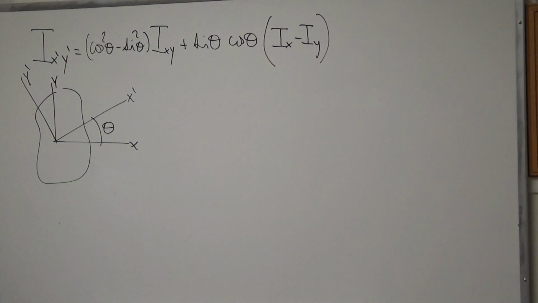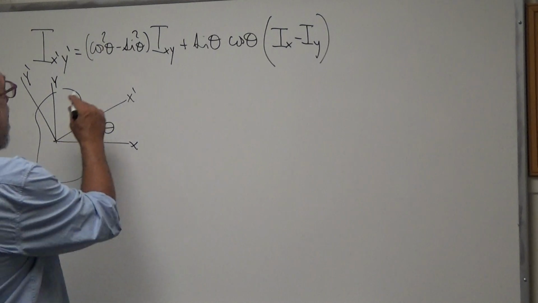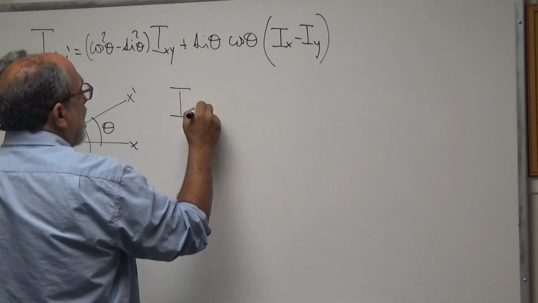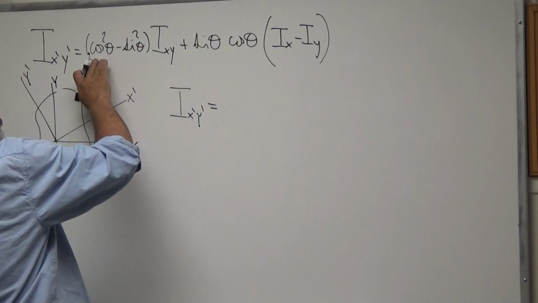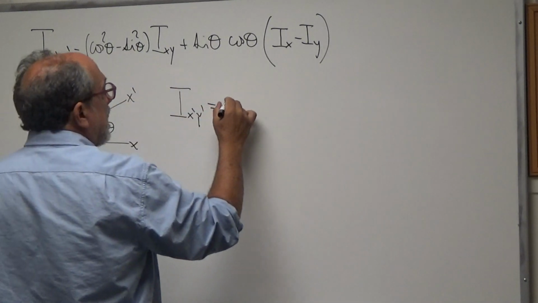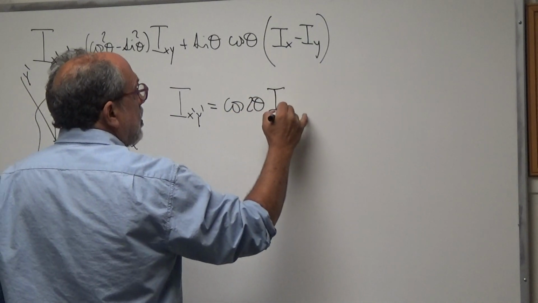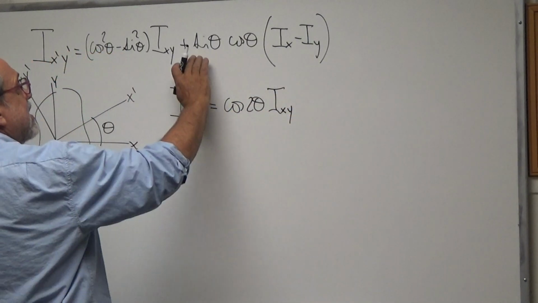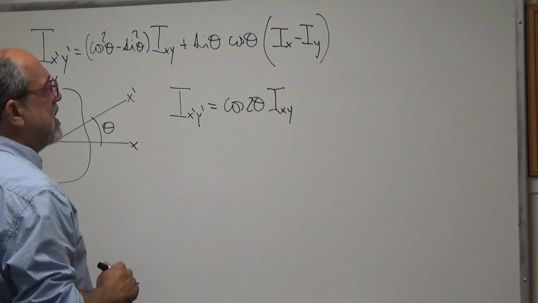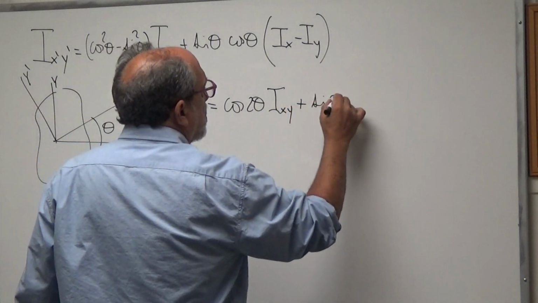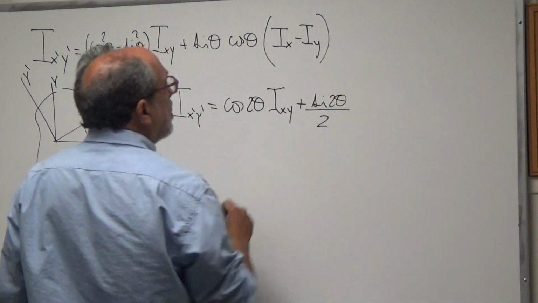All right? Fine. Now we can actually write it somewhat shorter than that, because we can use a relationship that says that cosine squared minus sine squared is cosine of 2 theta. So that kind of writes a little bit less. And sine theta cosine theta is the same as sine of 2 theta over 2. These are just well-known trigonometric relationships.